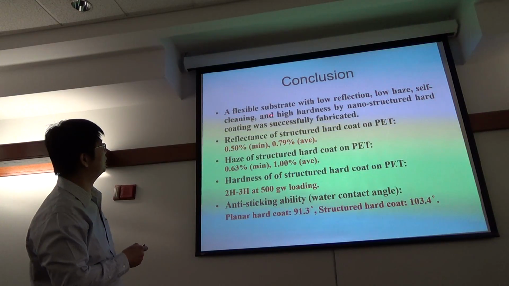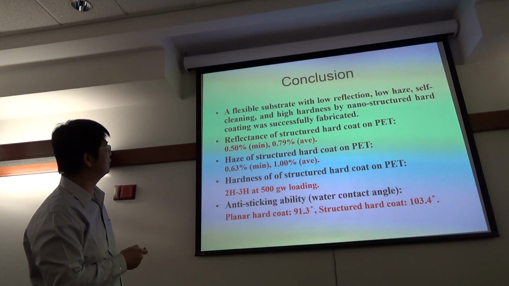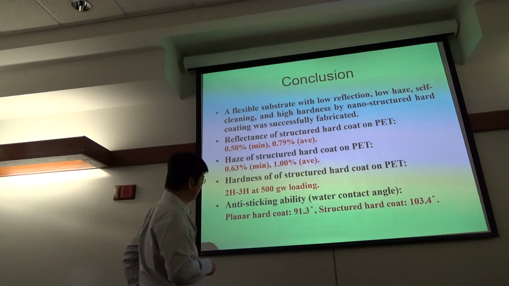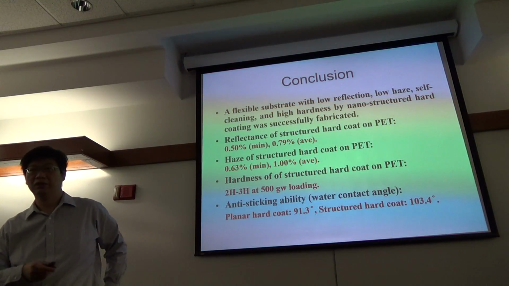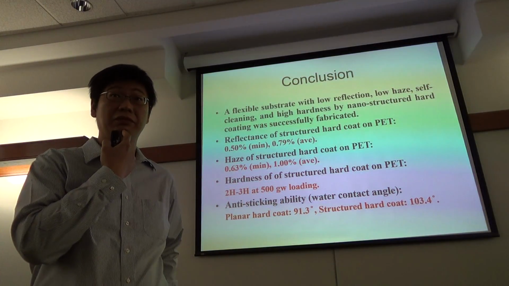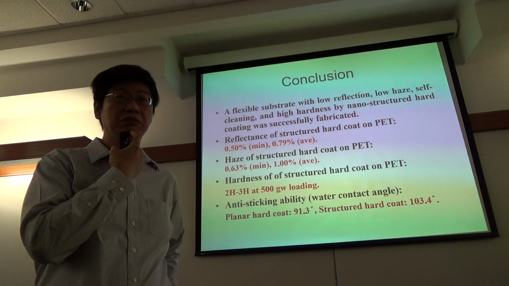So that's a flexible, low reflection, low haze, self-cleaning, high hardness coating. Something we achieved. I remember for the Fujifilm, their reflectance can be as low as below 0.5%, maybe 0.2%.